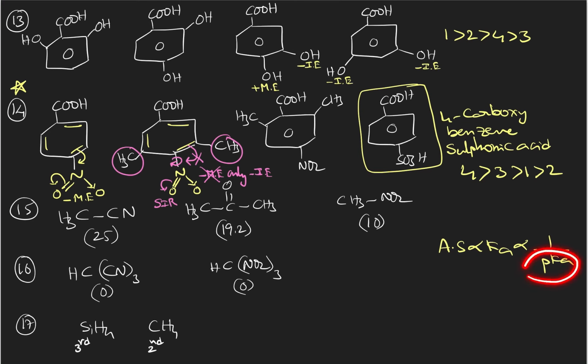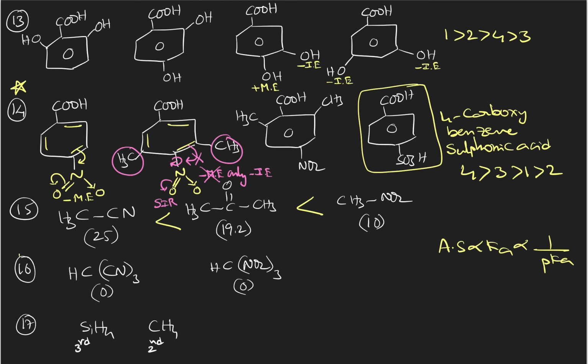So higher the pKa value, lesser is the acidic strength. As pKa increases, acidic strength decreases. So pKa values itself can denote the order here. The first compound, ethane nitrile, has the highest pKa, therefore least acidic. Then this has 19.2, a medium pKa, and this has the lowest pKa. Therefore, nitromethane is the strongest acid. This is the order.